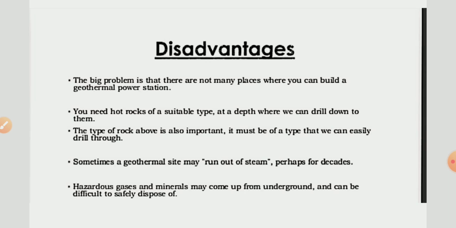At first when we build it, it is expensive. After that the electricity charges are very low, but at the start, building up the geothermal power plant is very costly, so it comes in the category of expensive.